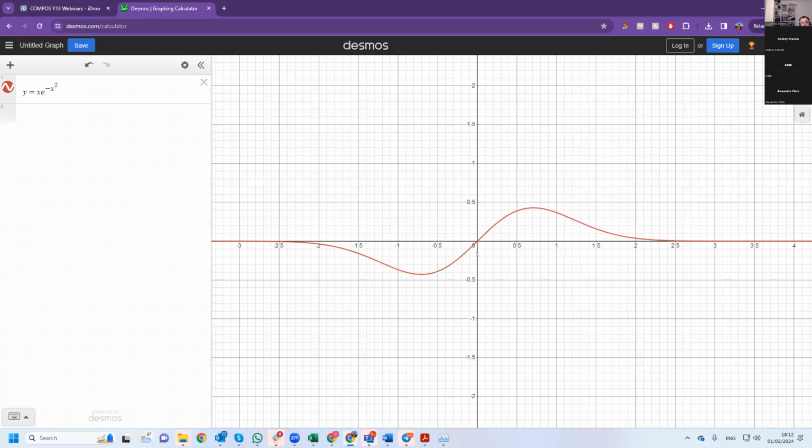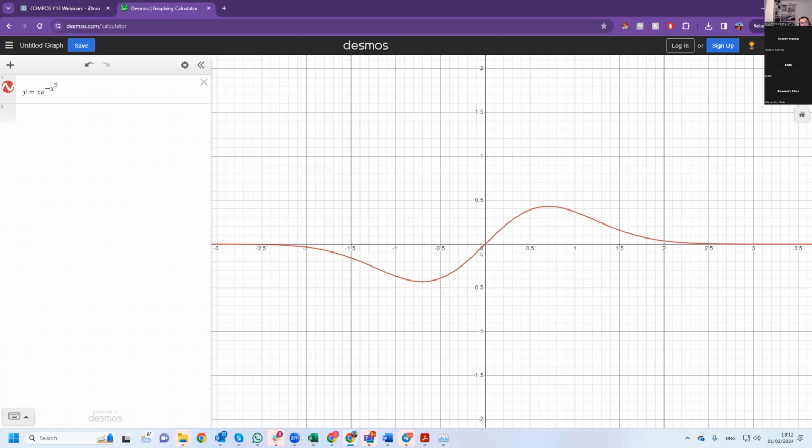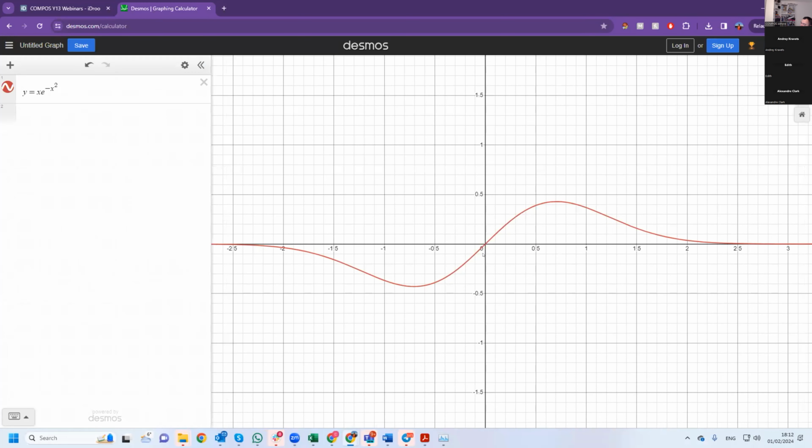Now, looking at this graph, by just looking at the graph, can you tell me the integral of this function from minus infinity to infinity? Yes, very good. It is 0.